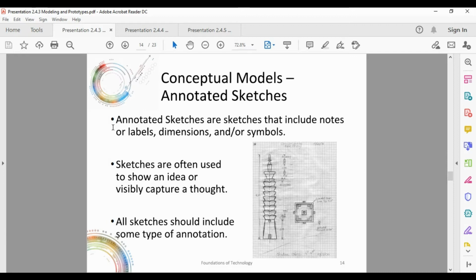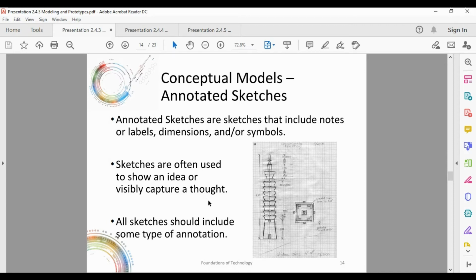We've already dealt with some annotated sketches. Again, that's our orthographic representation. Annotated sketches are sketches that include notes or labels, dimensions, and/or symbols. In our orthographic representation that we did, we didn't include dimensions, but under most circumstances, you would probably want some kind of dimensions on there.